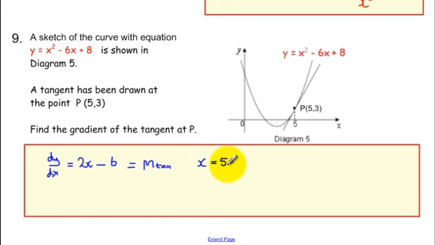So we now have to fit this value, x equals 5, into this equation for finding the gradient of the tangent. So m tan is equal to, putting x equals 5, 2 times 5 minus 6. 2 times 5 is 10, minus 6 is 4. So the gradient of the tangent at P is 4.